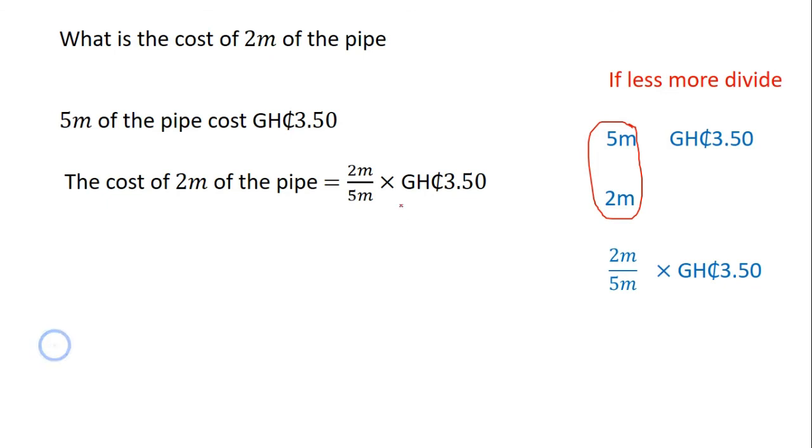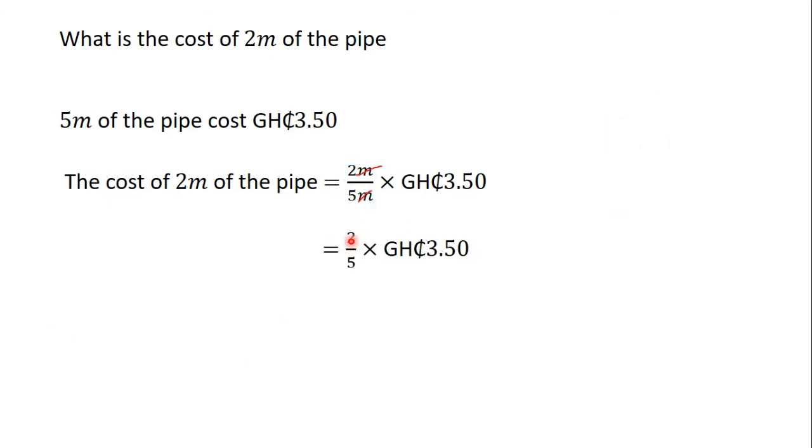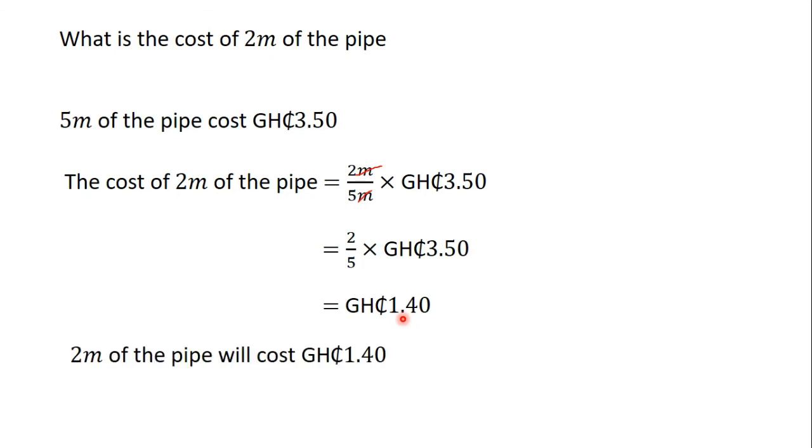So meters will cancel meters, and that will give us 2 divided by 5 times 3 Ghana cedis, 50 pesos, which gives us 1 Ghana cedi, 40 pesos. This means that 2 meters of the pipe will cost 1 Ghana cedi, 40 pesos.